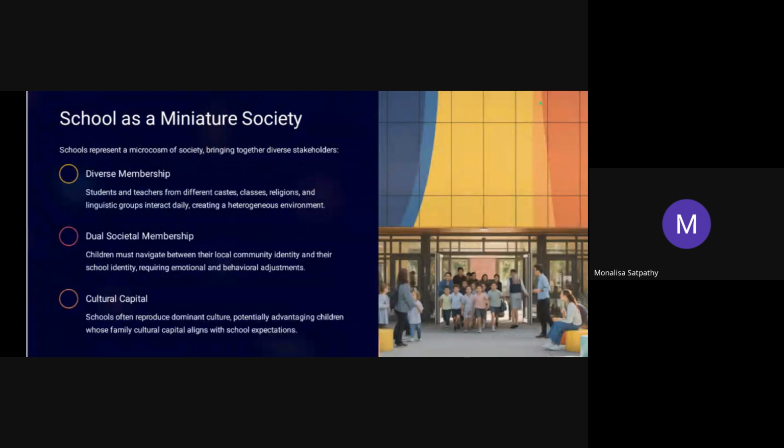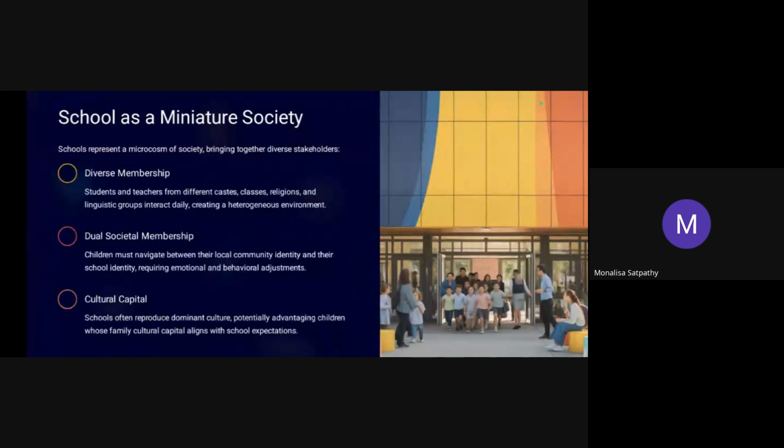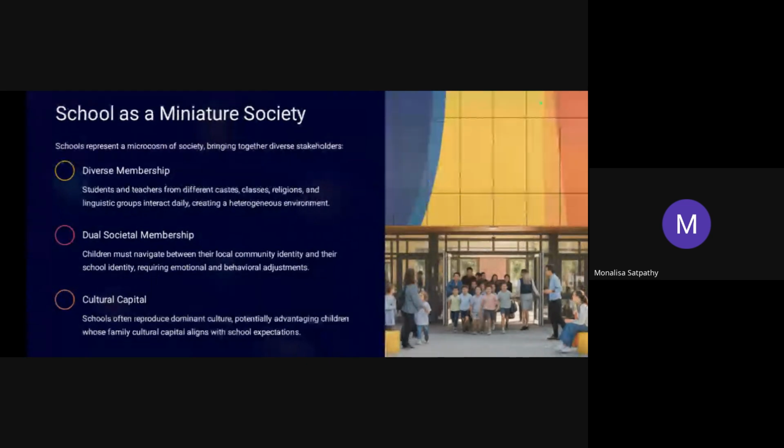So school is called a miniature society. It affects the process of learning, as we all know. It is called a miniature society because we can find a reflection of the society in a school. Miniature society means a small society where the practices of the society are reflected. From different points of view, we can call it a miniature society.